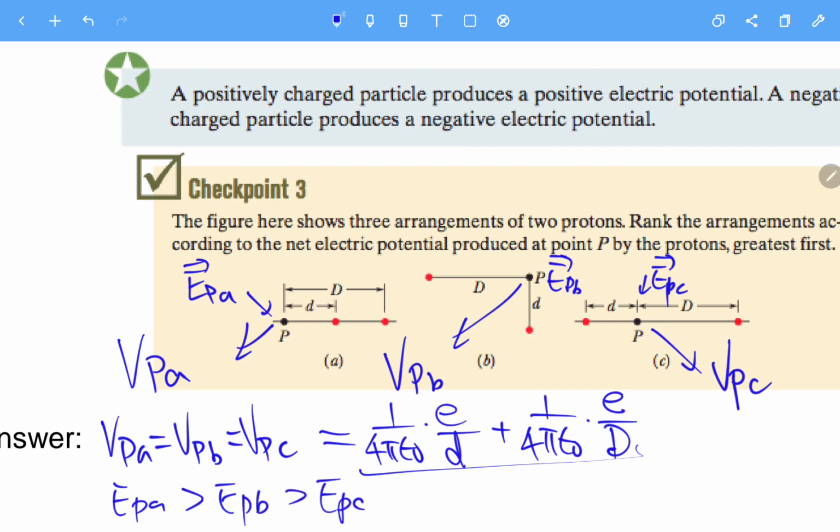For one case, part of the E field will be cancelled, and for another they will add together. For this one it's the square sum and then take the square root, so it lies between. So they are different things. For the potential, it is easier to consider it as just a scalar.